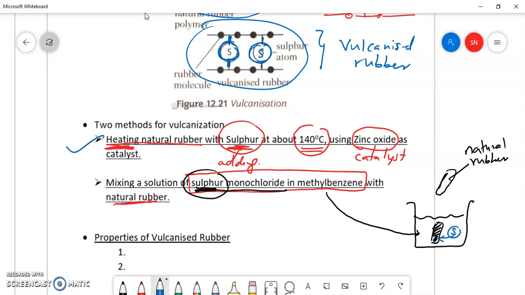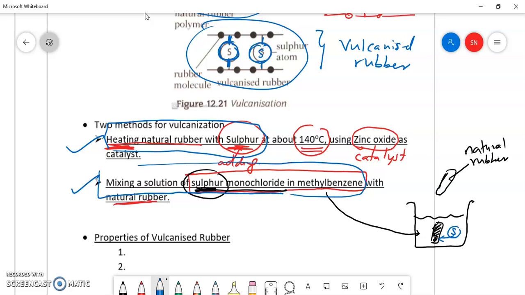So both methods work, and both are vulcanization. One is heating natural rubber with sulfur. The other does not involve heating. It just involves mixing the solution of sulfur monochloride in methyl benzene with the rubber. That's all. So these are the two methods.